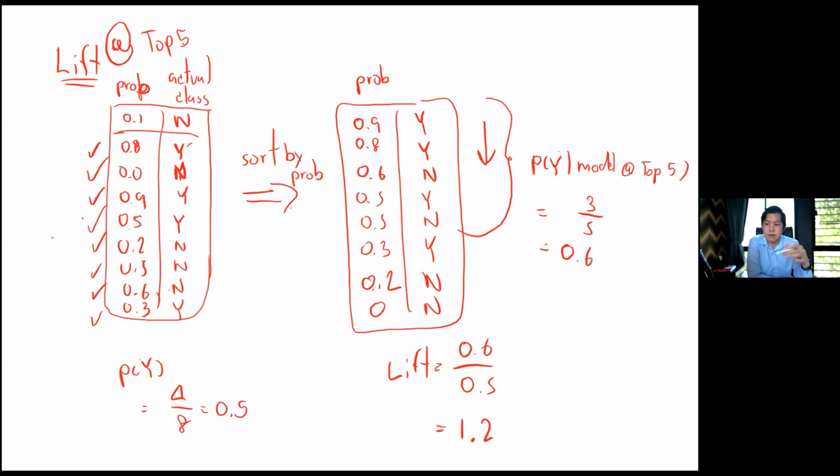But because the chance to detect class yes here is 0.5, you cannot have lift more than 2. It's impossible, because if you have perfect classification you get probability 1, that means lift of 2. So lift of 1.2 in this case means something, right? It means that it's better than random.